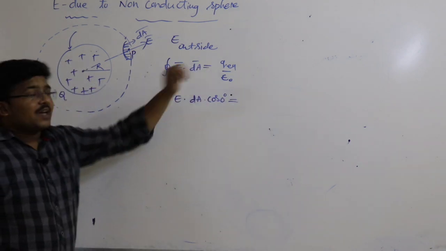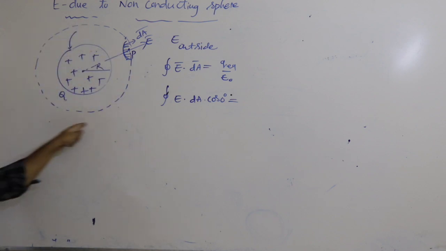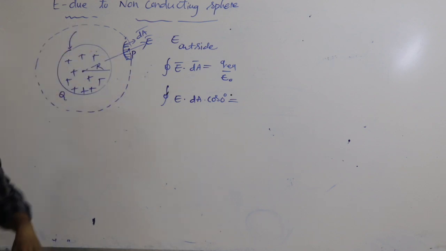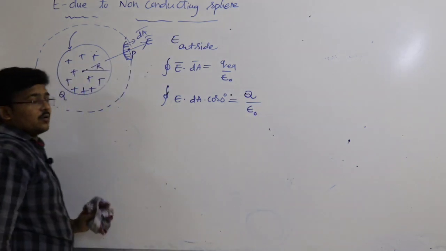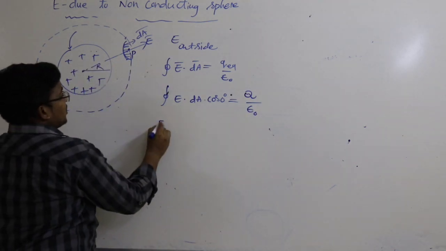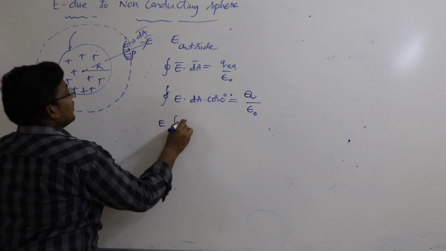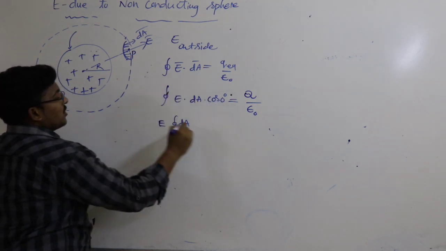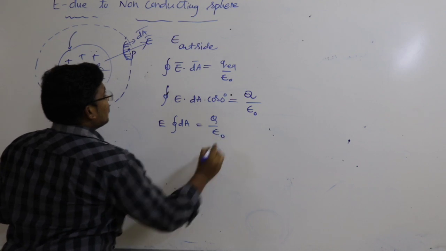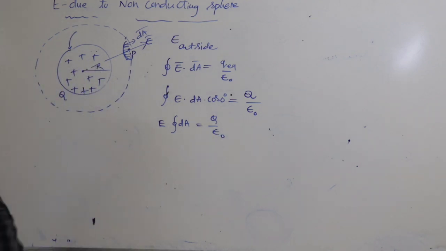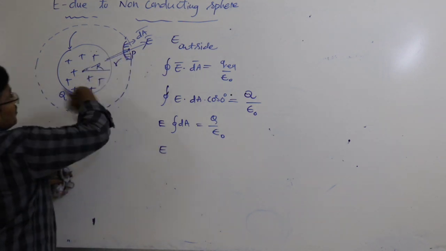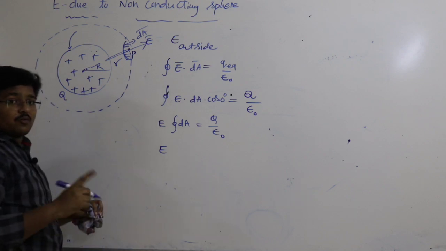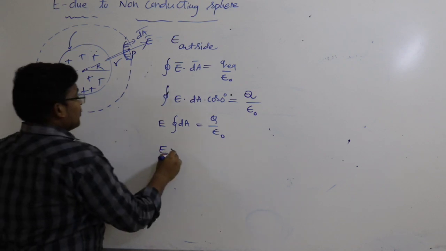What is the enclosed charge? In this Gaussian surface, the whole sphere is enclosed, which means the total charge Q is enclosed, so it is Q by epsilon naught. Now E is constant, so we can take it out of the integral, and cos 0 is 1. What is the integration of dA? It is the area. What is the surface area of the sphere? 4 pi r square.